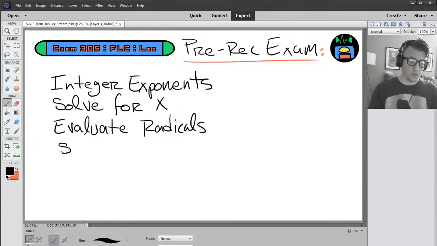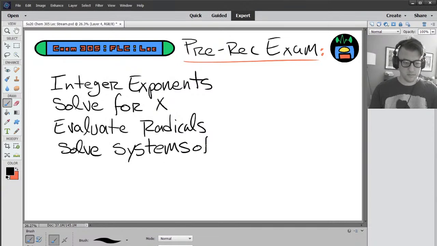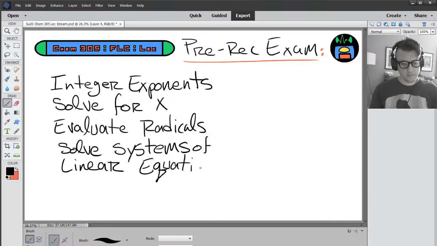You have to be able to solve systems of linear equations. You have to be able to factor polynomials.